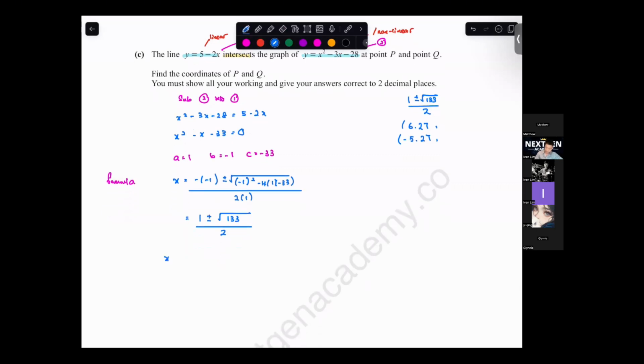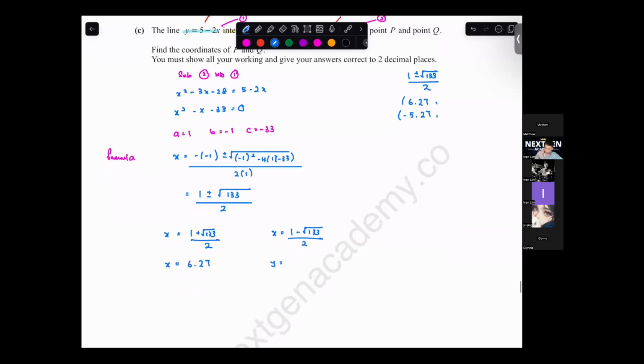So you've got two values, x equals 1 plus square root 133 over 2, and x equals 1 minus square root 133 over 2. For the plus one, you'll get 6.27. Then the minus one, you get negative 5.27.